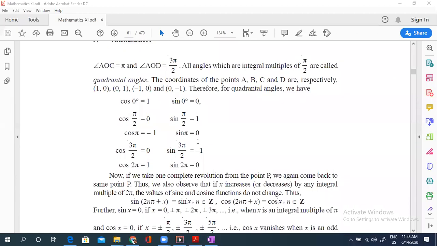Now just tell me, what is the value, if I'm talking about sine 30 degree or sine 390 degree, are they same or different? Tell me. Sine 30 degree and sine 390 degree, are they same or different? Just message me.